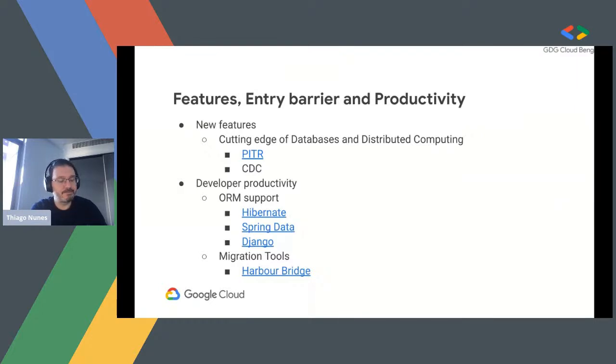I think it's in beta, and we're working on other object relational mapping frameworks as well. We also do have migration tools. So if you want to evaluate Spanner, Harbor Bridge is one of them, where you can basically plug in your schema from your MySQL or Postgres database, and Harbor Bridge will generate a similar schema in Spanner for you to test it out.